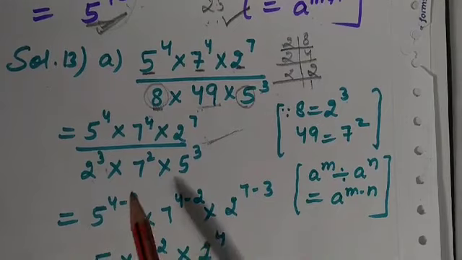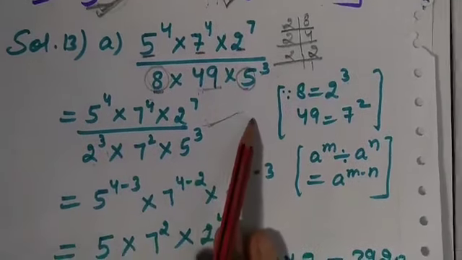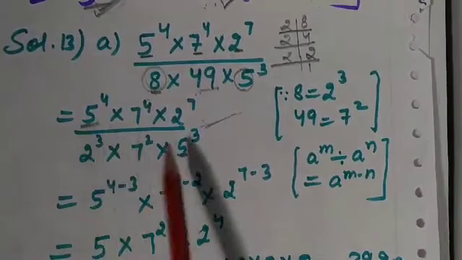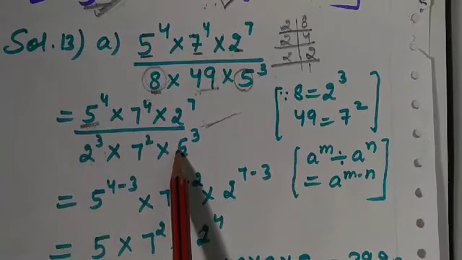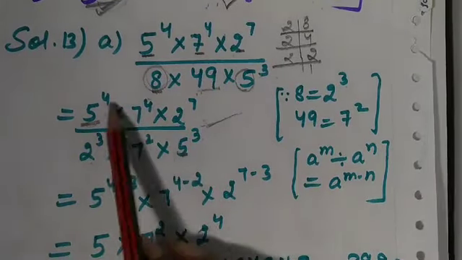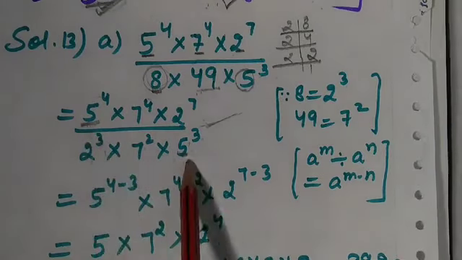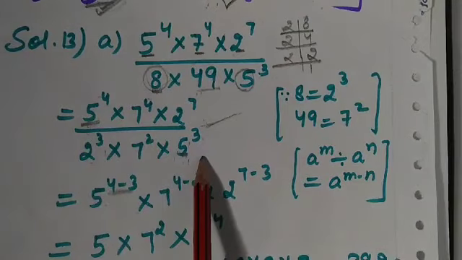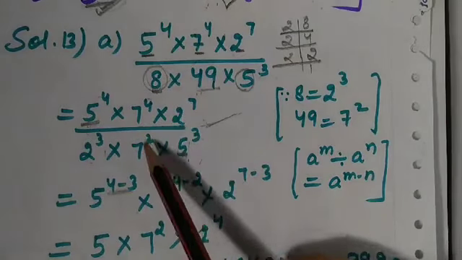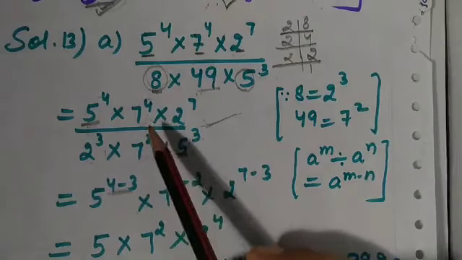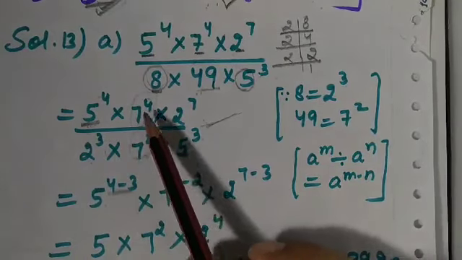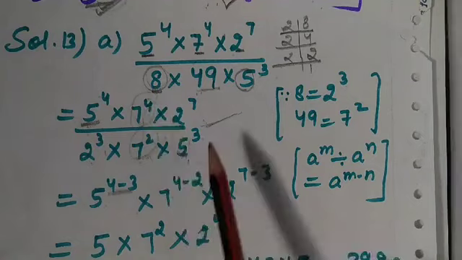Now come to the second step. I am observing that these two numbers have the same base and different powers, and they are in division, so the powers get subtracted.